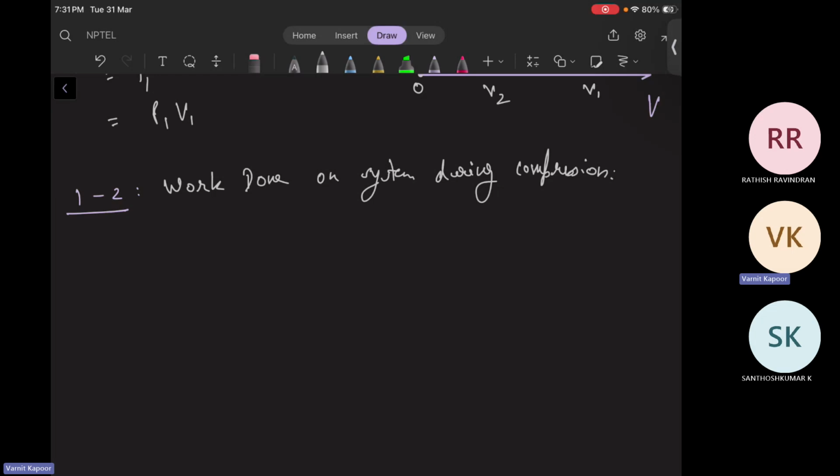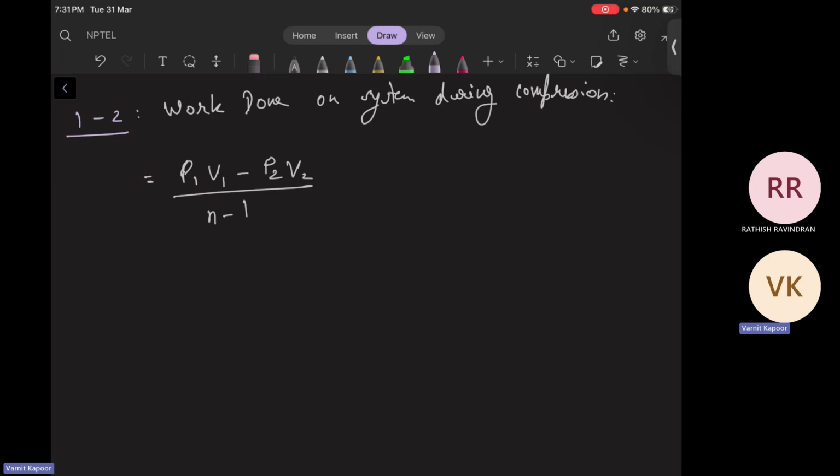All of these have come from thermodynamics only. Work done process by process. This is an open system device, but we are going process by process, taking them as a closed system work happening. So it is P1 V1 minus P2 V2 by n minus 1.